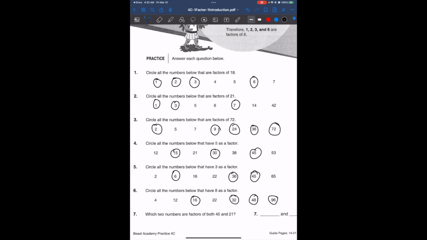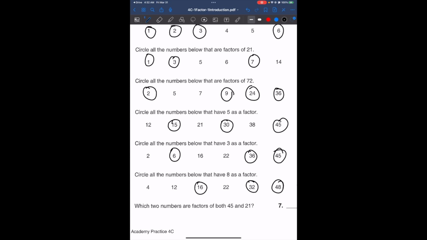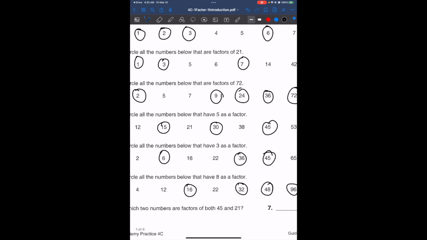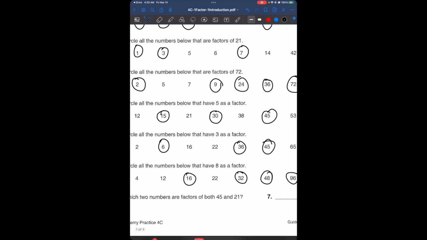And then for problem number 7, it says, which two numbers are factors of both 45 and 21? So for 45, it's going to be 1 and 45. I have to do it in pairs so that I don't forget any.